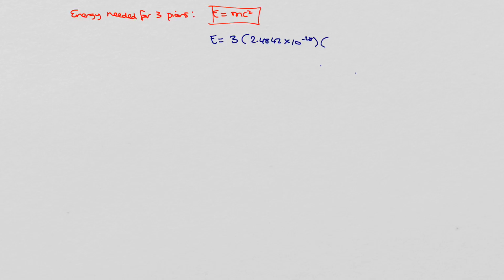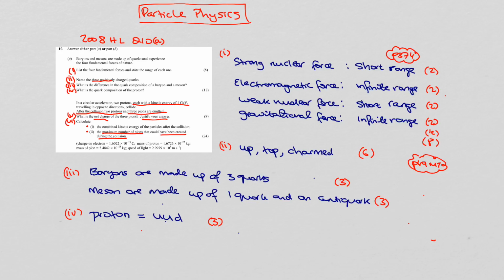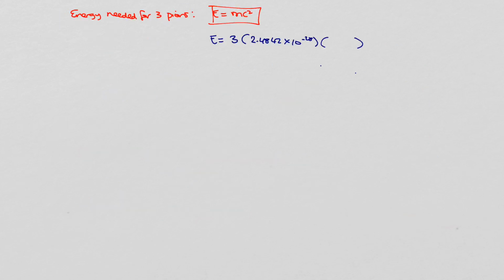And then that's times the speed of light squared. Again, we're given the value for the speed of light here, so we're not using our tables, and we're not using 3 by 10 to the power of 8. We're using 2.9979 by 10 to the power of 8, and that's squared.